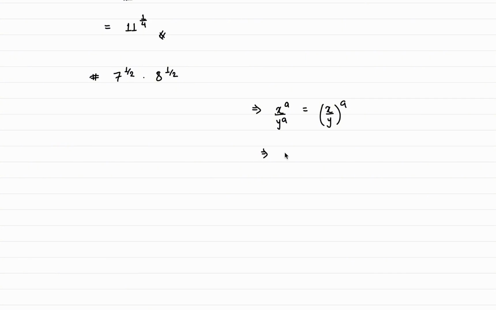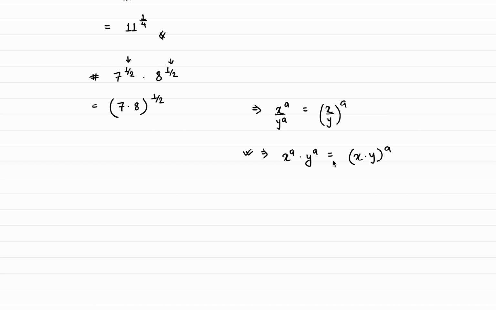Similarly, if you had something like x to the power a times y to the power a, you can write them as x times y to the power a. So what we're going to do over here is use this second one. Here we have the same powers for both 7 and 8. Both of them have 1 over 2 as power. So we can write it as 7 times 8 to the power 1 over 2.